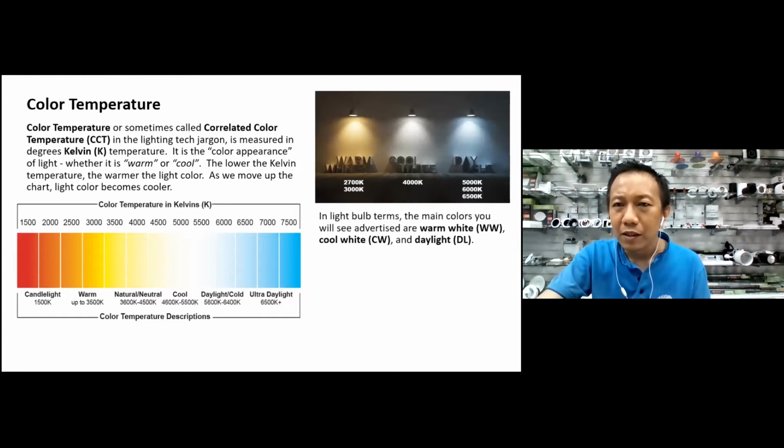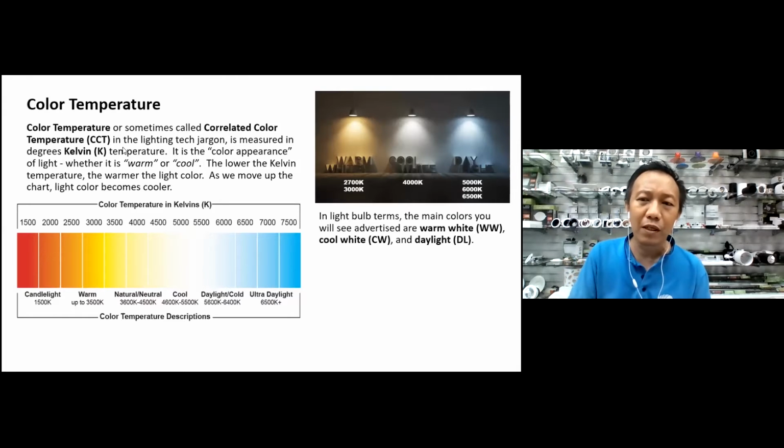Okay. So na-mention ko, in light bulb terms, the main colors you will see advertised are warm white, WW abbreviation, cool white, CW, sometimes yung nga nabanggit ko kanina, neutral white or NW. Although mas ginagamit cool white, and then daylight or DL. So sabihin, bigyan mo ako ng 5 watts DL na lighting fixture.